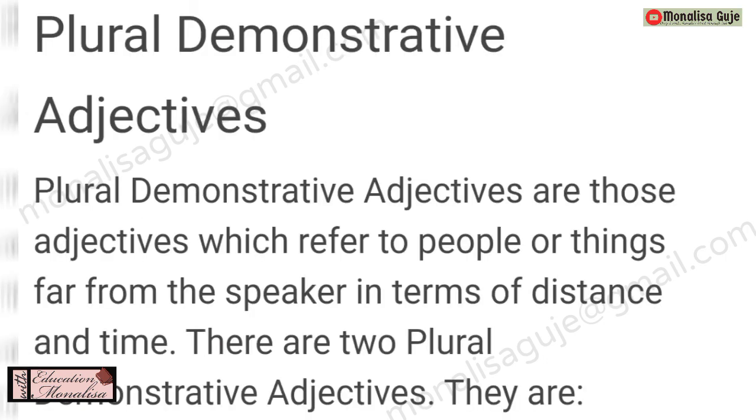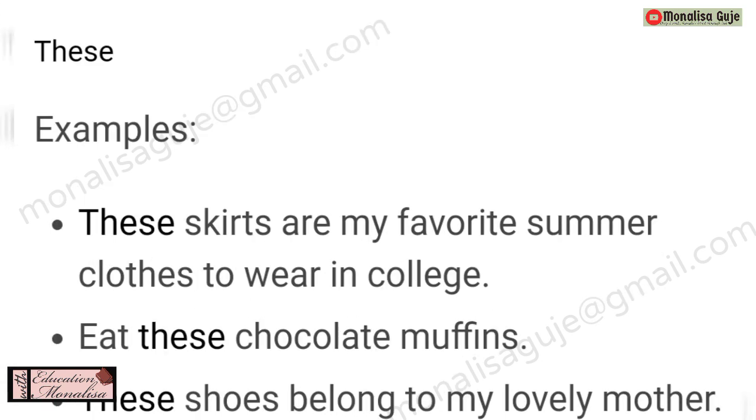Now plural demonstrative adjectives. These are those adjectives which refer to people or things far from the speaker in terms of distance and time. There are two plural demonstrative adjectives as we had two singular ones. These and those. These skirts are my favorite summer clothes to wear in college. Eat these chocolate muffins.